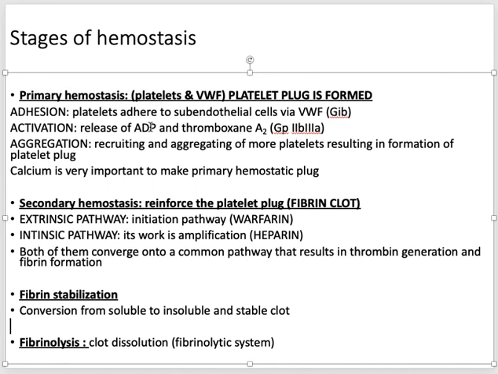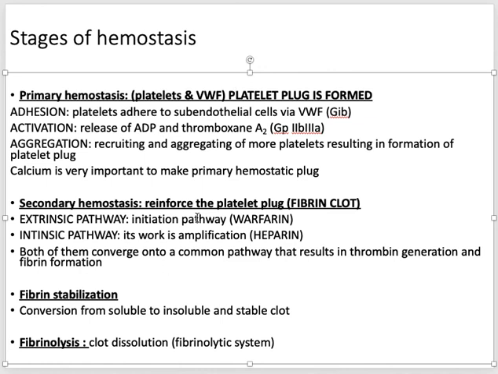Then there are ADP inhibitors, which we can give to the patients and which are used in clinical medicine, of course. All these drugs which we give to the patients, like clopidogrel, ticlopidine, stop the platelet activation.